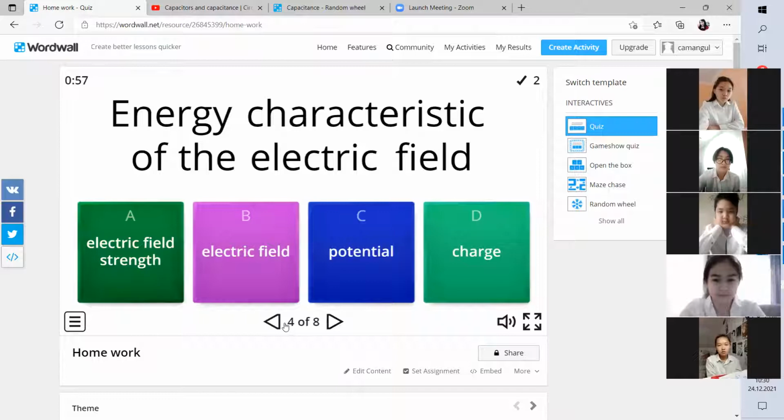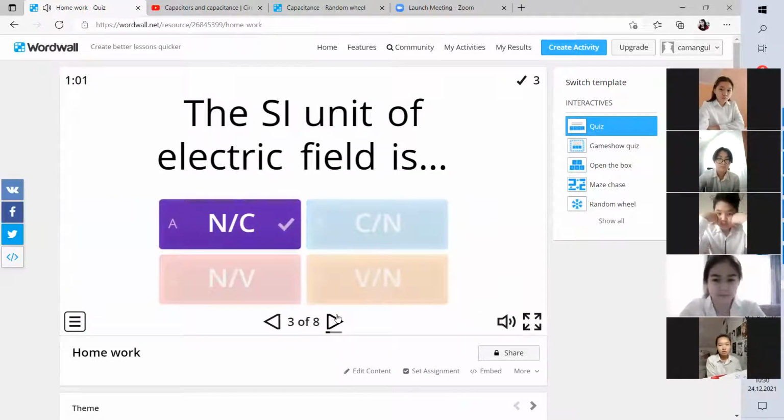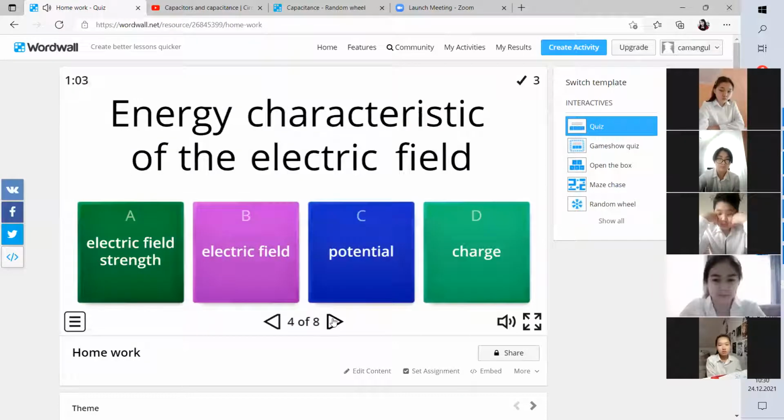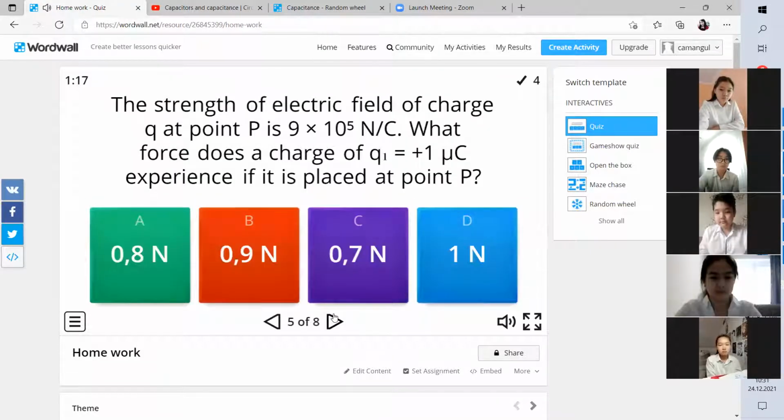Next. Muhammed? Energy characteristic of the electric field is potential, C. Yes. Dilara, can you solve this problem?